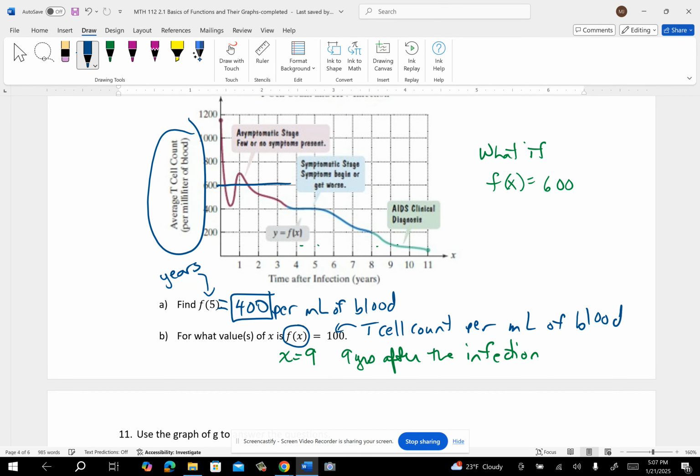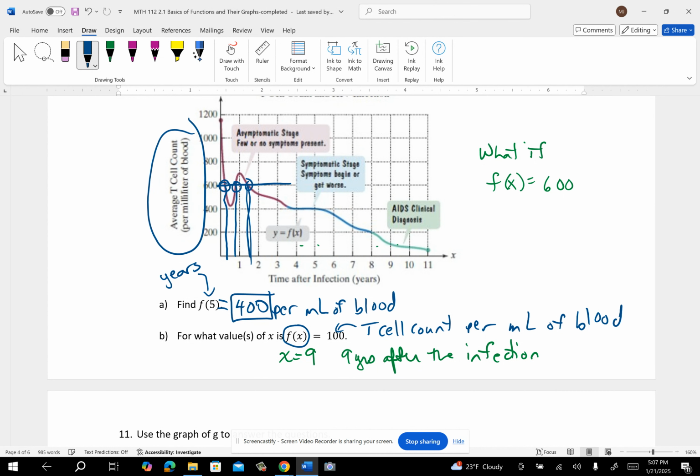And you see, if we do that, there's really going to be 3 times when that appears to be the case. So we'd have whatever this time is, whatever that time is. These really should drop perfectly straight down to the x-axis. I just can't do it when I'm writing like this. And then about there. So it looks like a couple of times within the first year, and then again around 1.5 years. Okay.